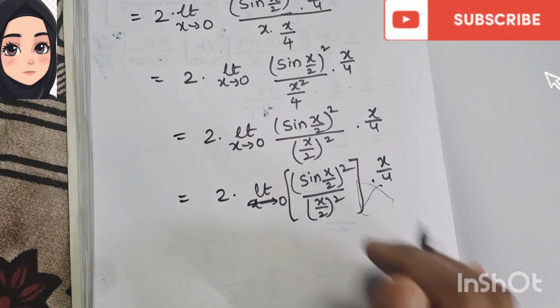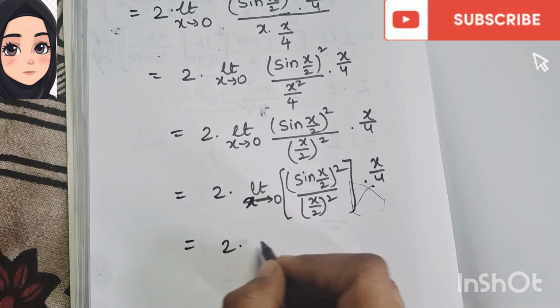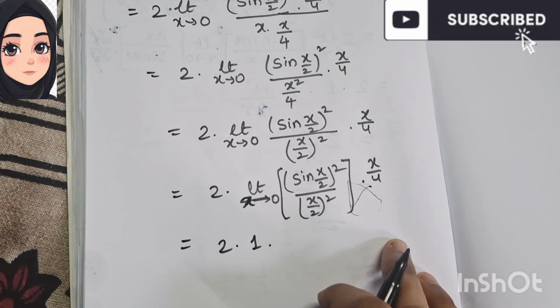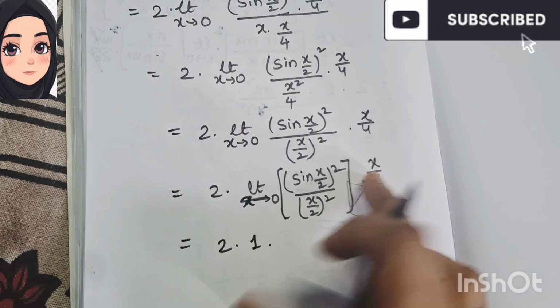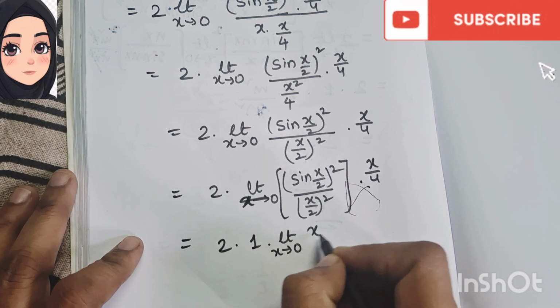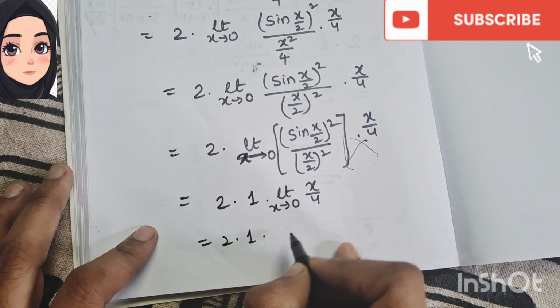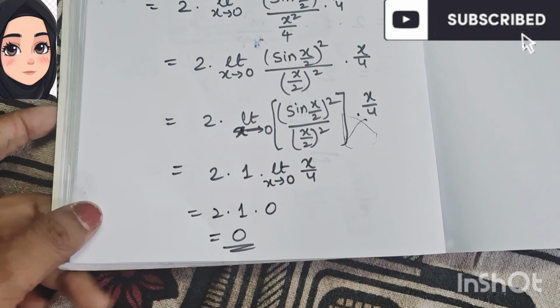Now this total term becomes 1. And x by 4 is there, limit applied to this term also, x tends to 0, x by 4 we get 0. So 2 into 1 into 0, the total term is 0.